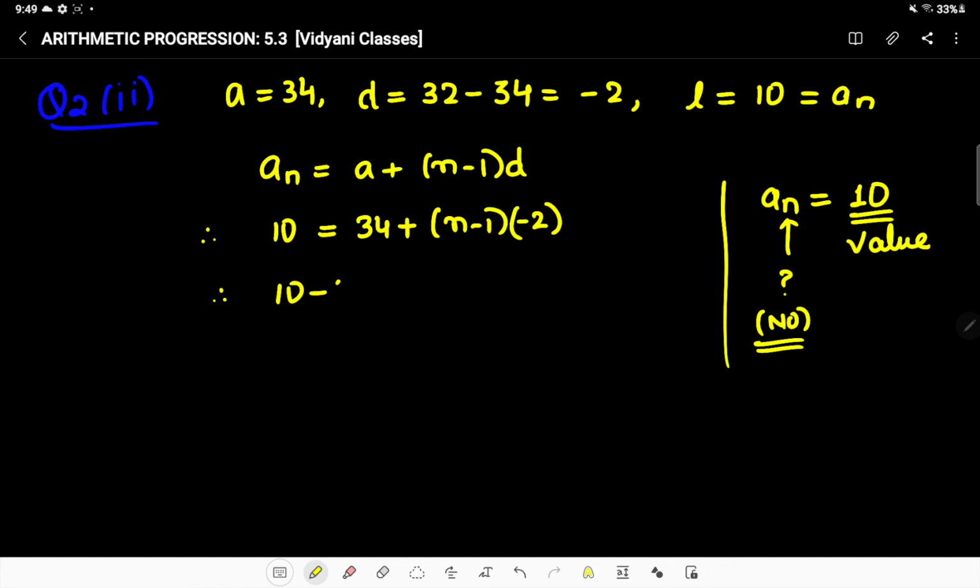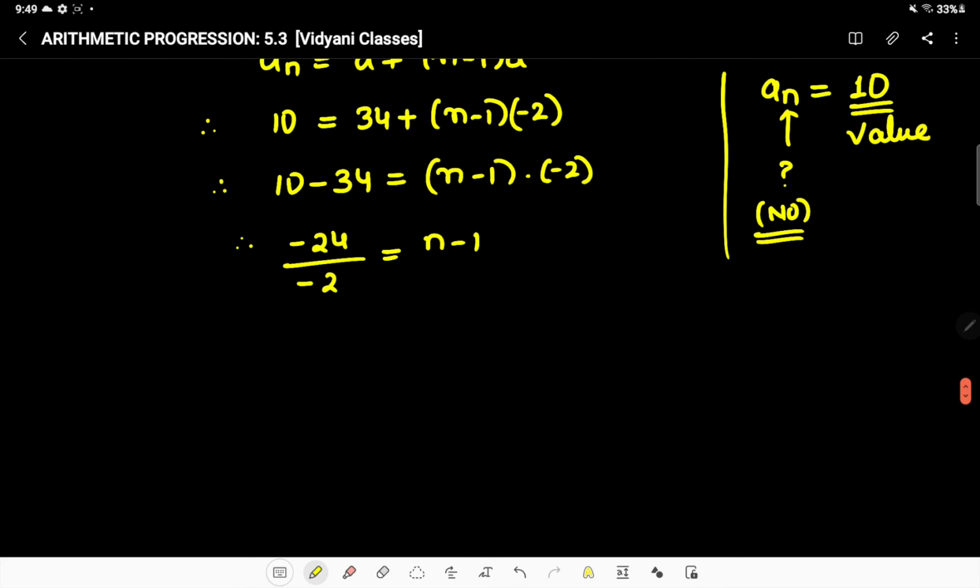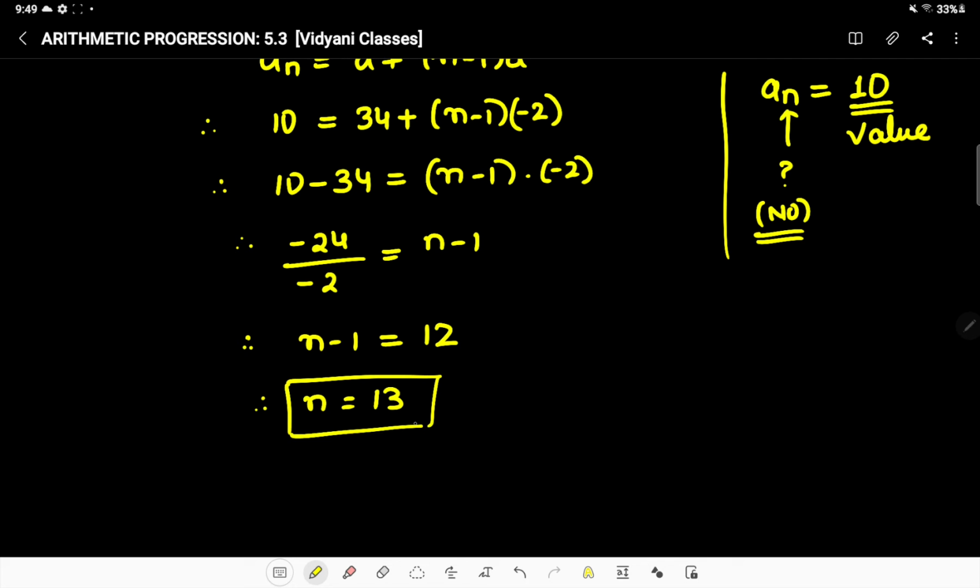This is 10 minus 34 equals n minus 1 into minus 2. So this is minus 24. I'm bringing minus 2 down. This is n minus 1. Therefore n minus 1 equals, this is going to be 12. Therefore n equals 13. The value of n should be a whole number.